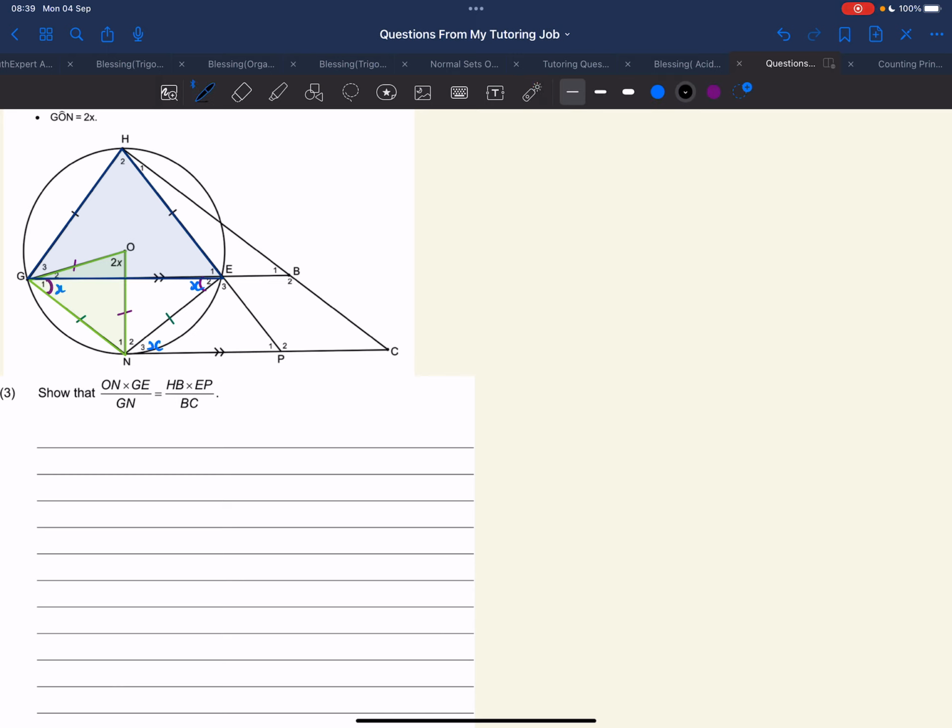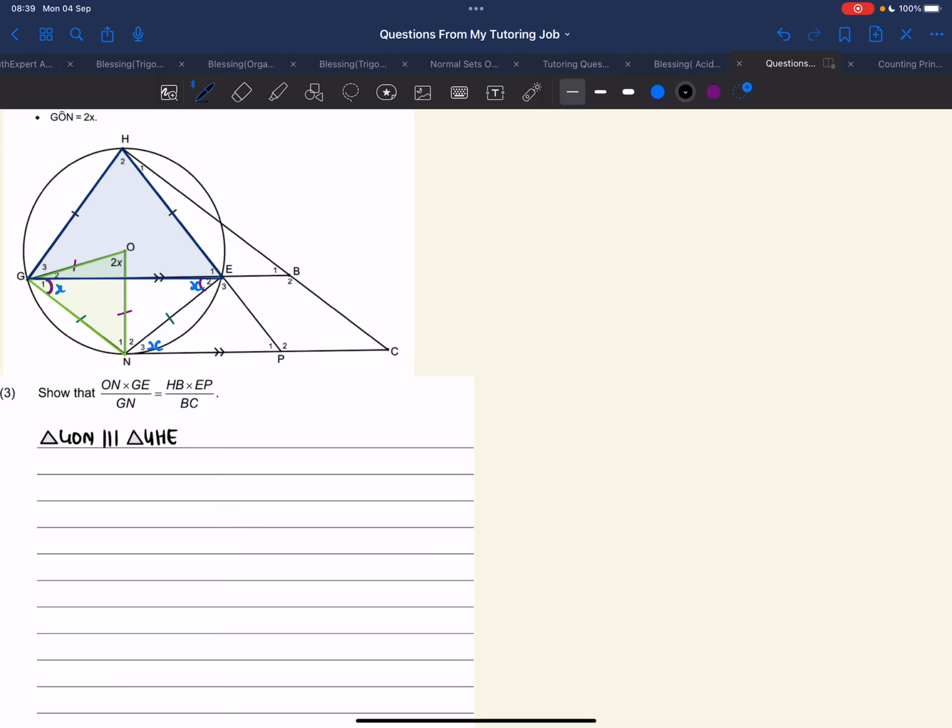Remember, from our previous question, we proved that triangle GON is similar to triangle GHE. After doing that, we can use the proportionality theorem with regards to similar triangles.